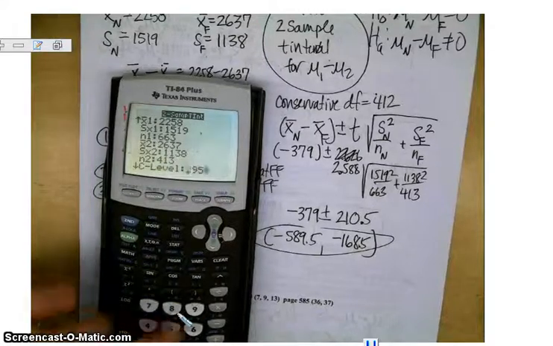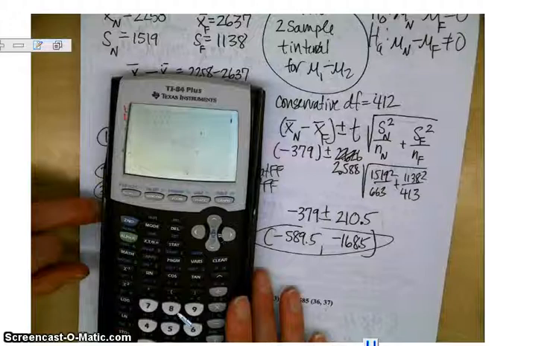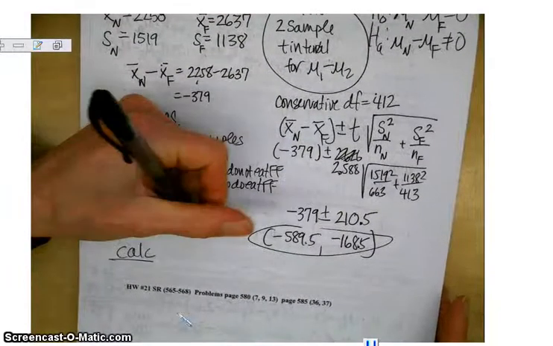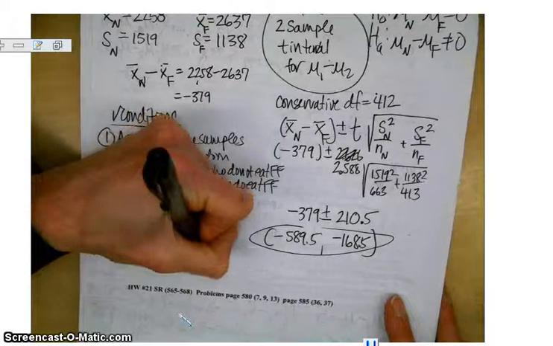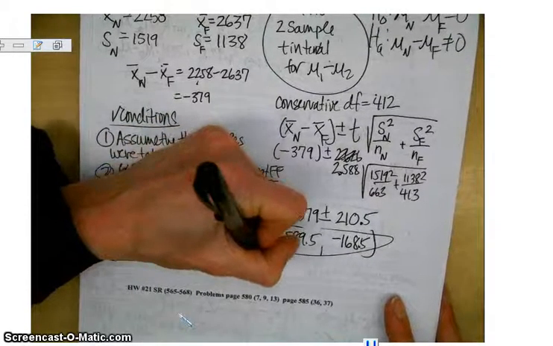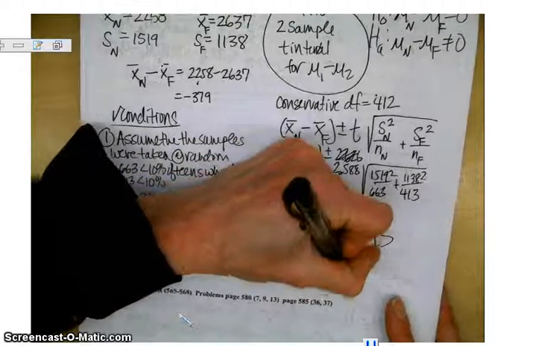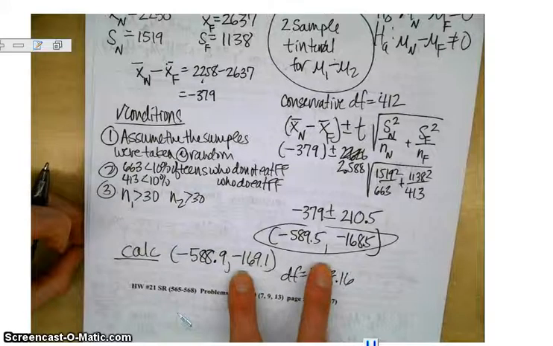Confidence level is 99, not pooled, and I'm going to calculate that. And it tells me if I use my calculator, I get that my interval is negative 588.9 to negative 169.1, and my degrees of freedom was 1038.16.